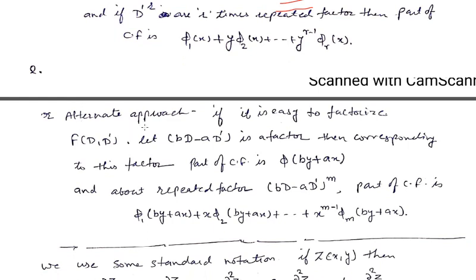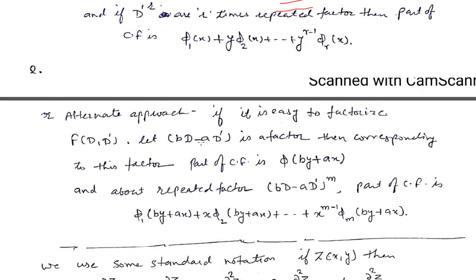There is an alternate approach also. If the given equation f(D, D prime) can be factorized, then for a factor bD minus aD prime, we can directly write the complementary function, which is phi of (by plus ax).